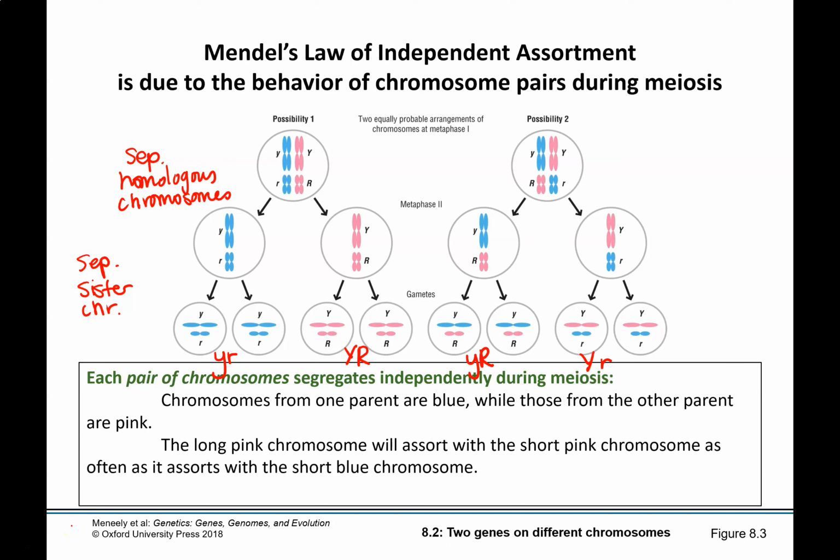Now remember, the other part of this is that not only do we get all combinations, but getting one version does not affect getting the other. So there is an equal chance of getting all combos.